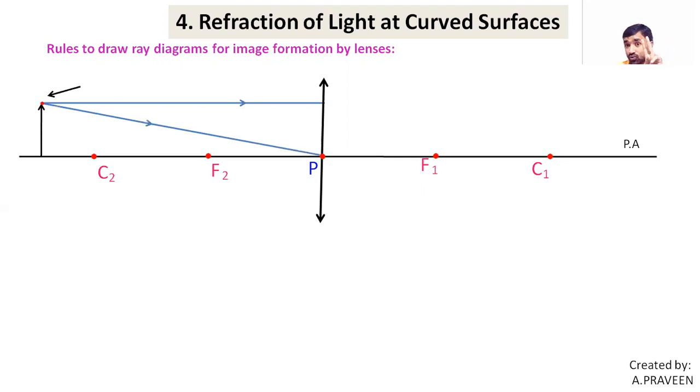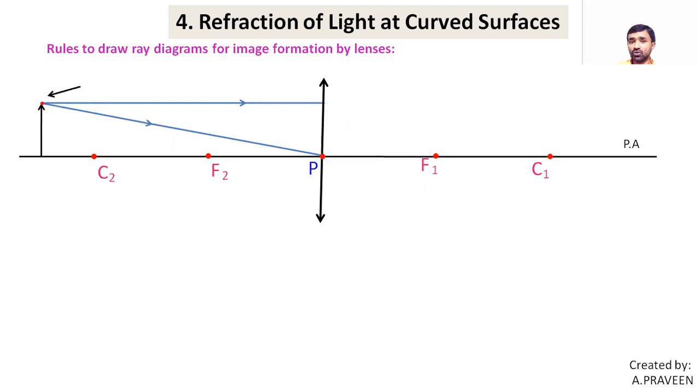These are the two rays we are using for any lens and for any position of the object. Okay, so fixed rays. No R1, no R2, no R3, only two rays: one parallel to the principal axis and the other passing through the optic center of the lens, for any position, for any lens.